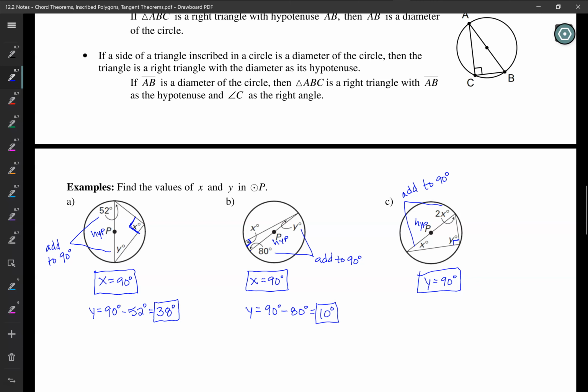We want to know what x is, so okay, let's write an equation. X plus 2x equals 90 degrees. So x plus 2x is 3x equals 90. Divide by 3. That gives you that x is 30 degrees.